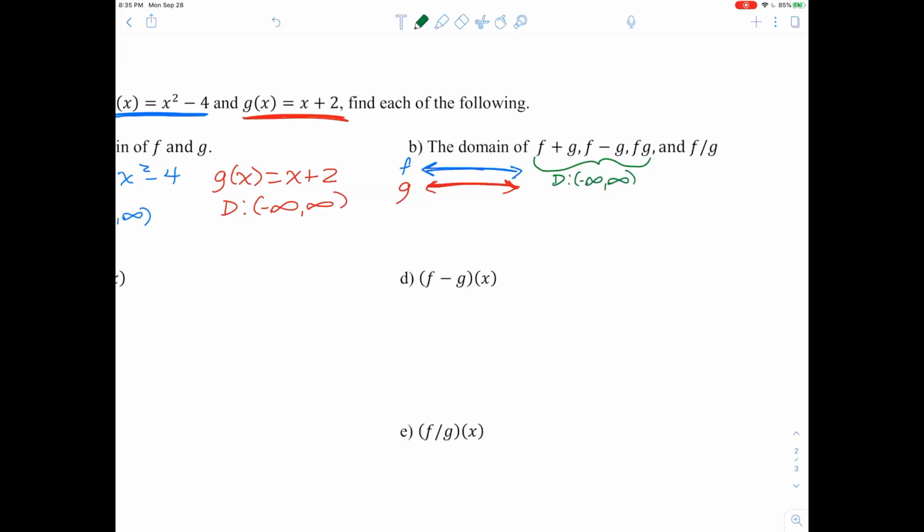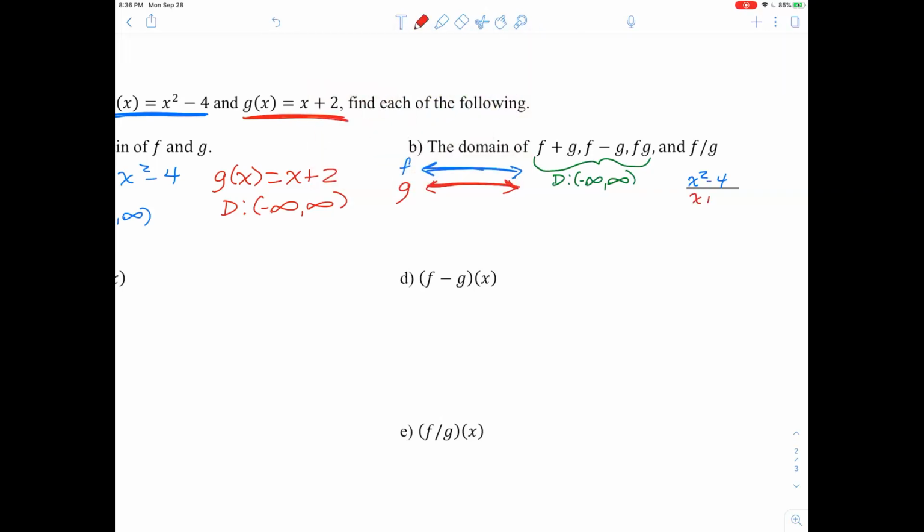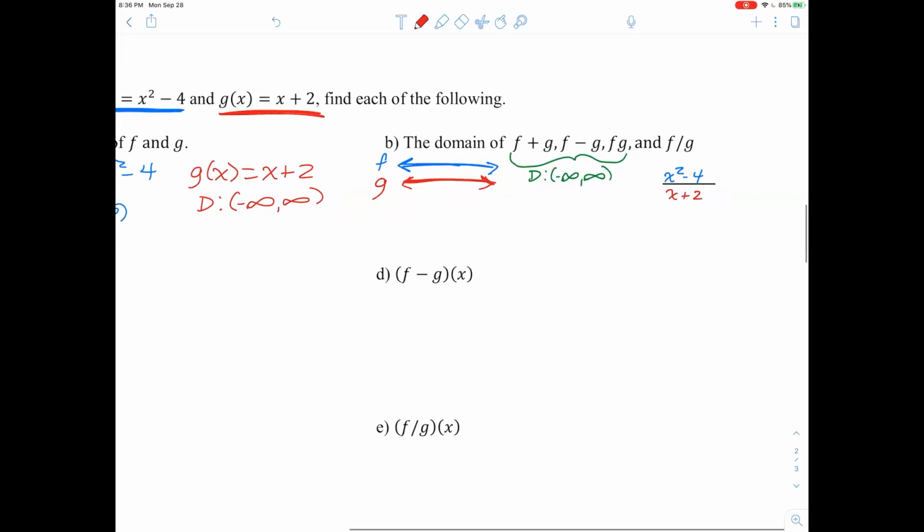Okay, no restriction. But if we were to do the f divided by g, that means that we're doing this. We're taking the f of x, which is x squared minus 4, over the g of x, which is x plus 2, and we are remembering that x plus 2 cannot equal 0, and so x cannot equal negative 2.